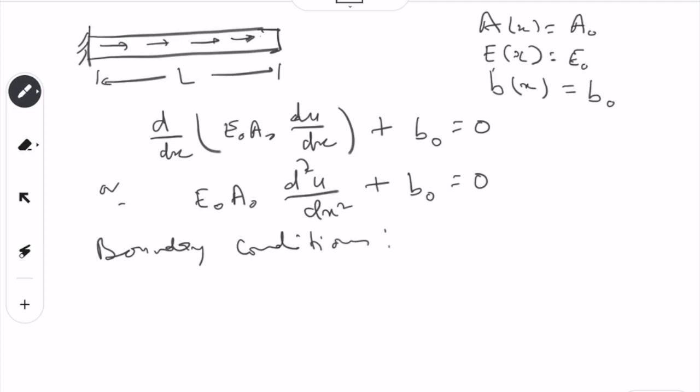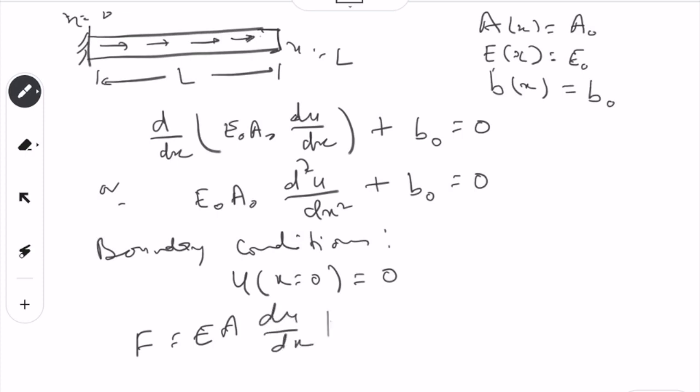We have x equal to 0 here, and x equal to L. So, we have u at x equal to 0 is equal to 0, and we have force f equal to E A du over dx at x equal to L. No, we do not have anything like that, so we will not write anything. So, this is how it is given basically, and we are going to find the solution based on that.